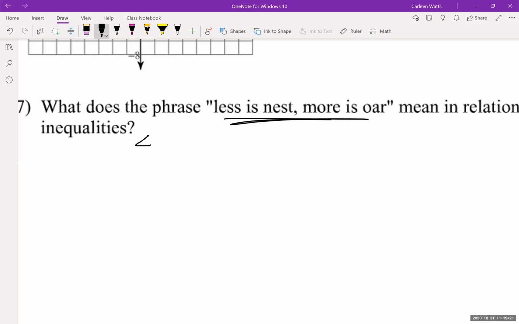If it's less than or equal to, the graph, well, actually, let's do it separately. Less than, the graph is like your hands going towards each other, and it looks like a nest. Doesn't really look like a nest, but it rhymes with less. Less than or equal to just has included points.